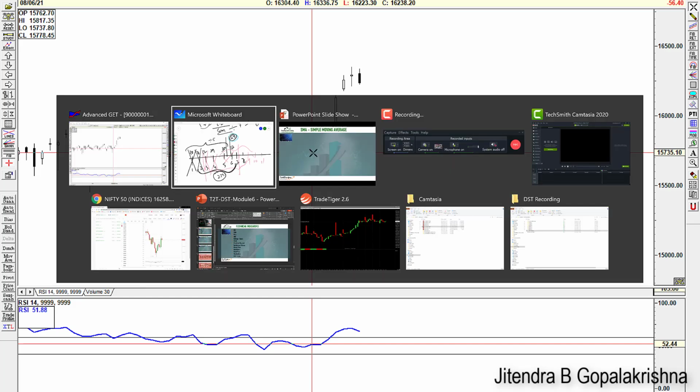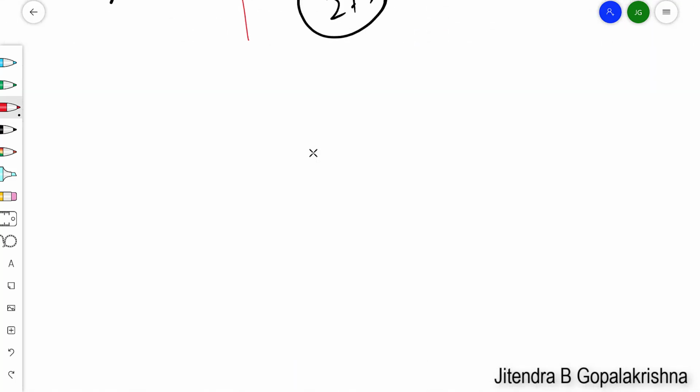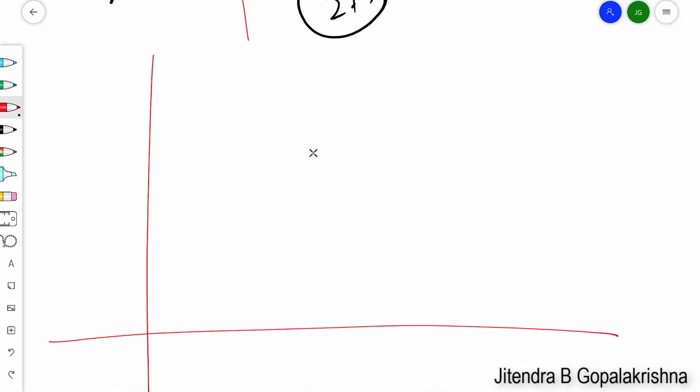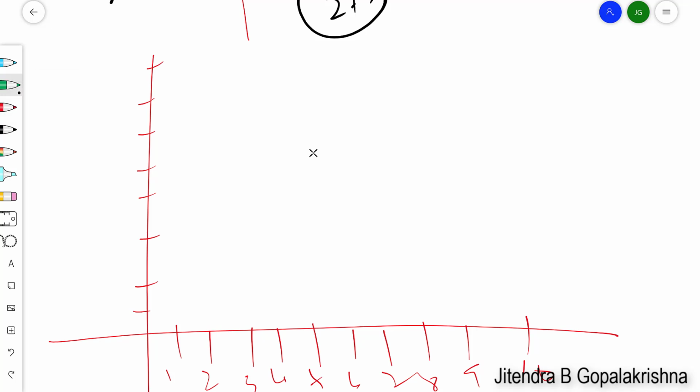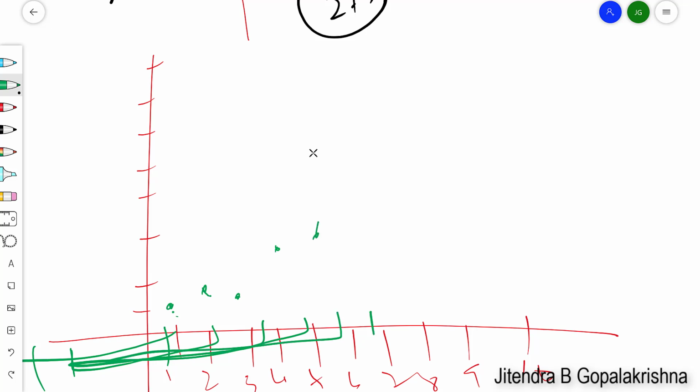Every day I can keep on plotting it in a chart. So here are the days, say 1, 2, 3, 4, 5, 6, 7, 8, 9, 10 days, and here are the prices. I can plot one day: today it closed here. The average of the previous 5 days is here, and this set of days is here, this set is here, and so on and so forth.